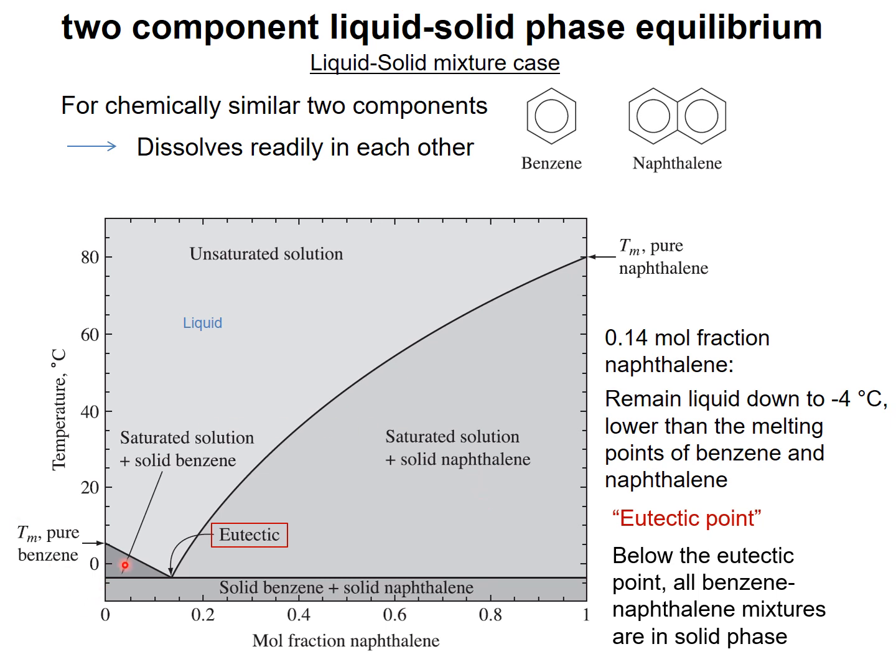However, in this left region, you will find solid benzene with saturated solution of naphthalene in benzene. So those two areas are classified as two-phase regions. So it is a little bit more complicated than the previous temperature-mole fraction diagram.